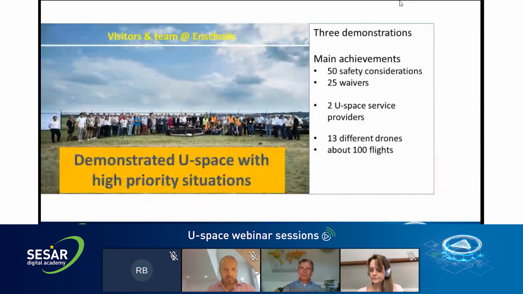So concluding with 3 demonstrations, the main achievements were that we really thought about how this can be done safely. We found about 50 safety considerations for the 3 demonstrations, and we required 25 waivers, so 25 formal rules in the current regulations concerning the use of drones.